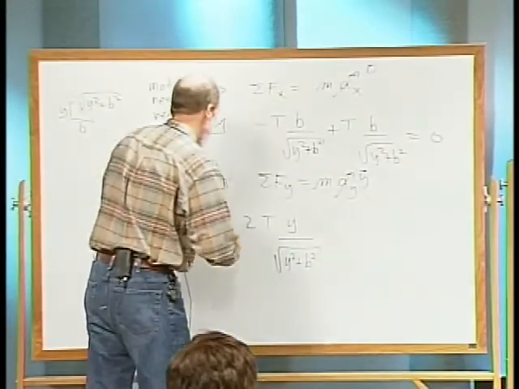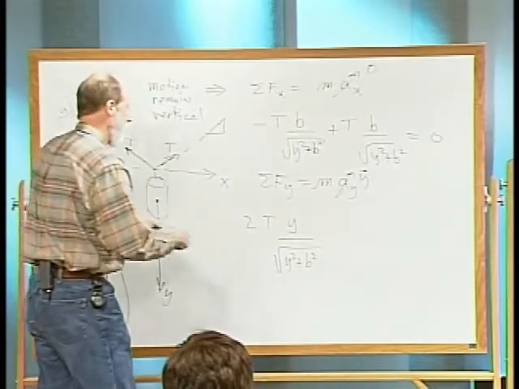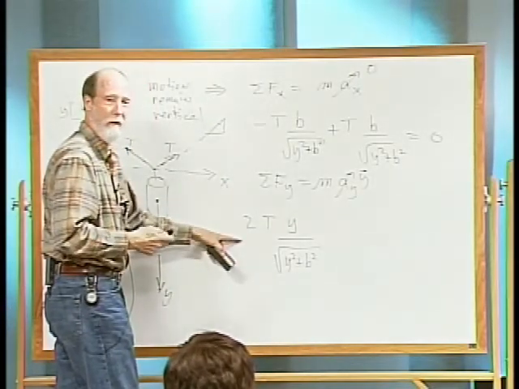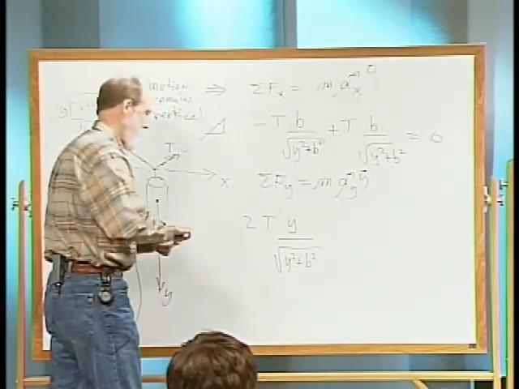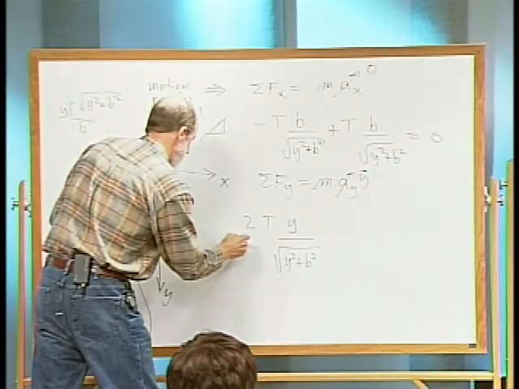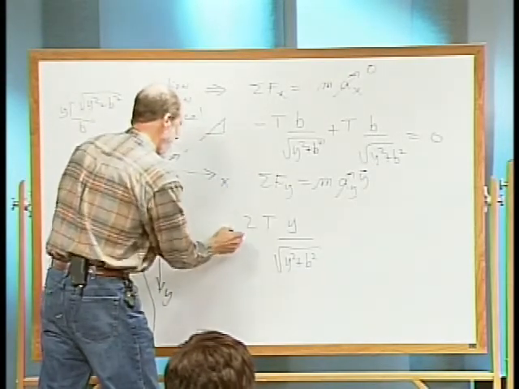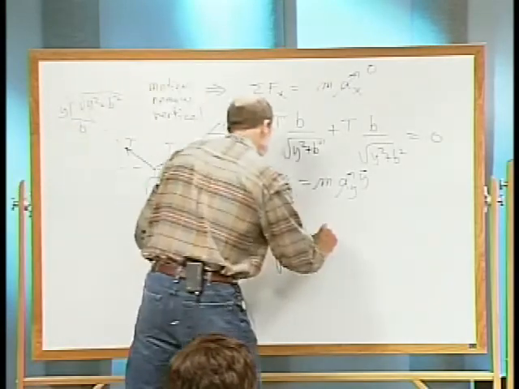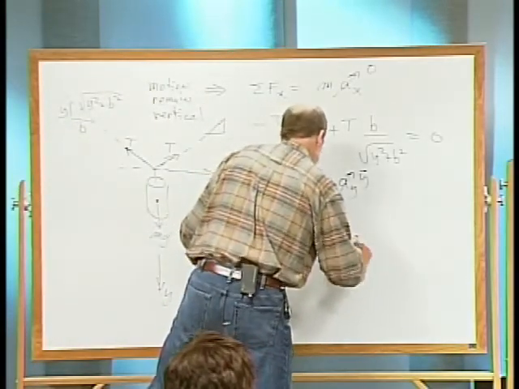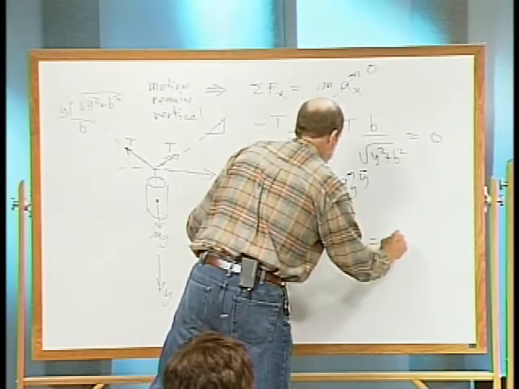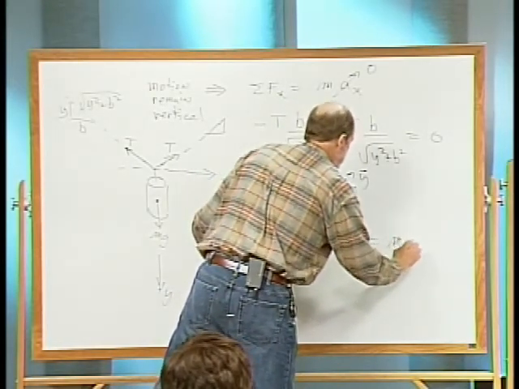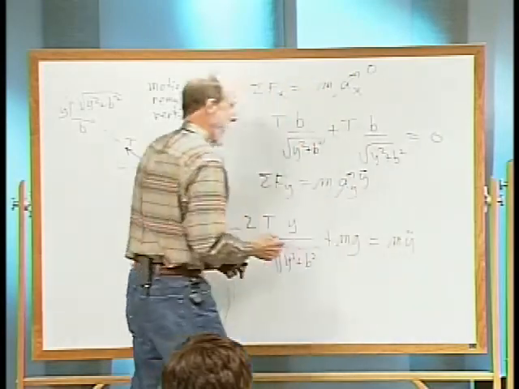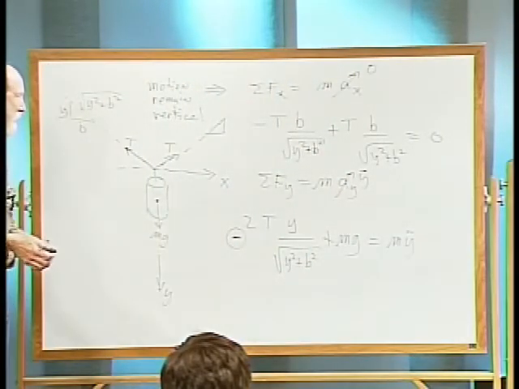Let's retract all this. This is upward, so it should be defined as negative. So we have a negative on this term. And then we have mg in the direction of y. Thank you for catching that. Something would have shown up real soon if I hadn't put that in there.